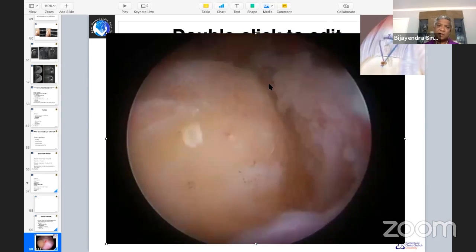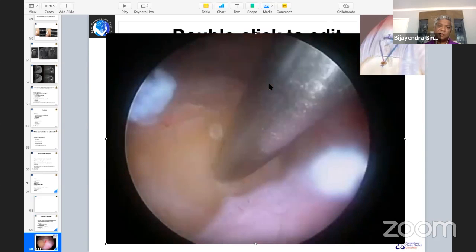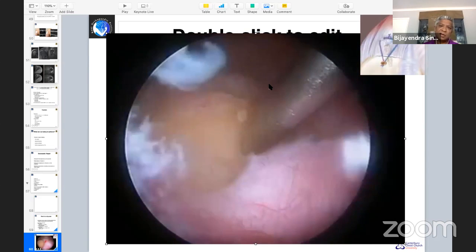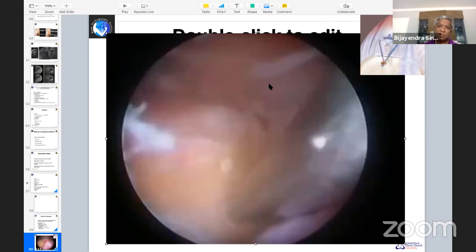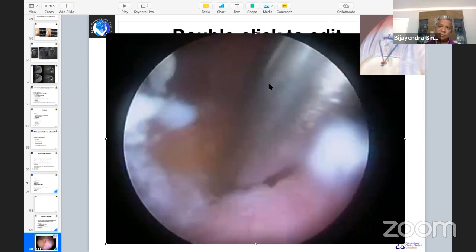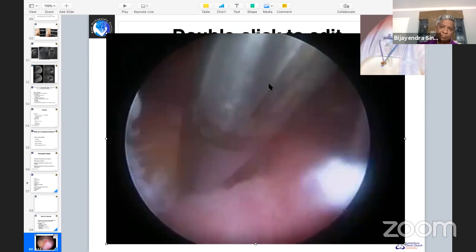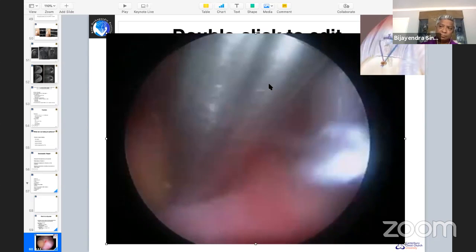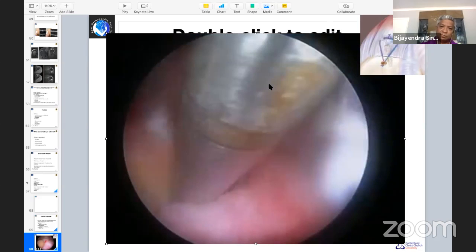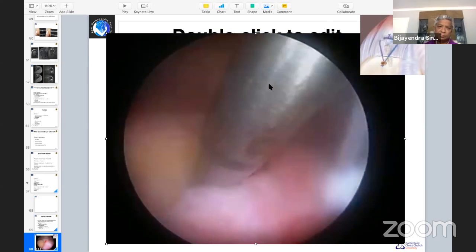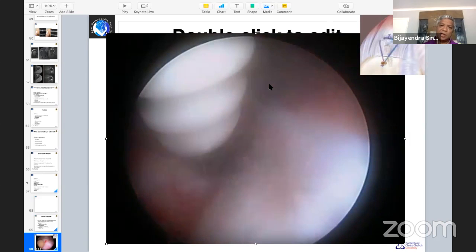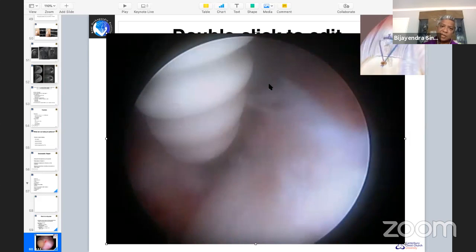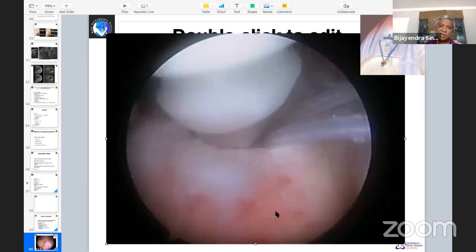Once you've done that, you identify your spot where you're going to insert the anchor. This is a punch to make the pilot hole. And then the anchor going in, and you can see the tendon has been brought in quite nicely.